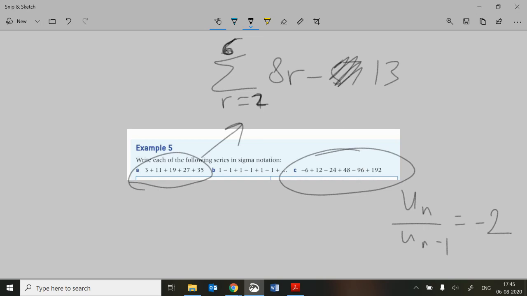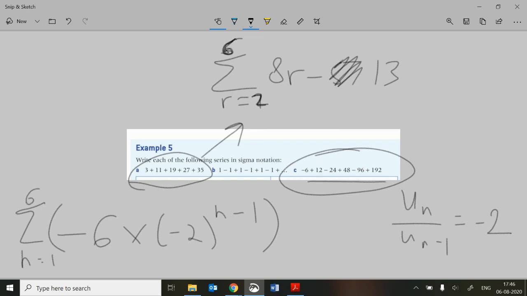So I can see I'm starting at -6. That's my first term. I'm timesing by my common ratio of -2 to the n minus 1, or r minus 1. I'll use n in this case. Let's put that in brackets. And I'm going to say that n is equal to 1, and it's going up to 6 terms. So n is 1 to 6.